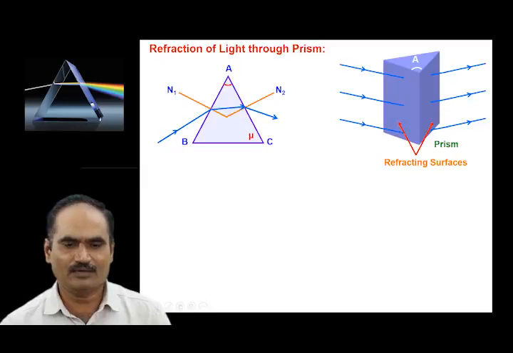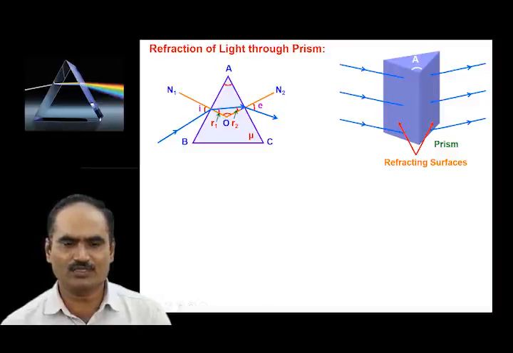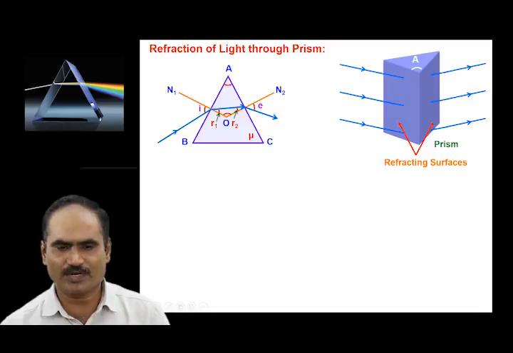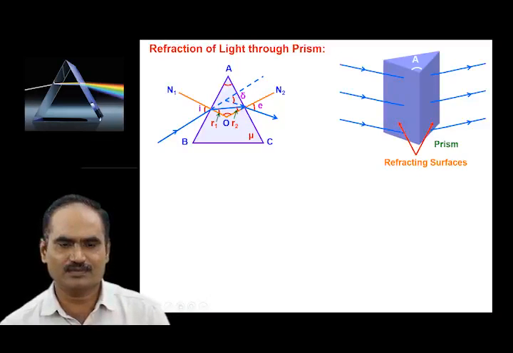And here N1O is normal, and N2O is also normal, drawn at this point of incidence and this point of incidence. Now if you take the extension of this, the light ray passes through like this.